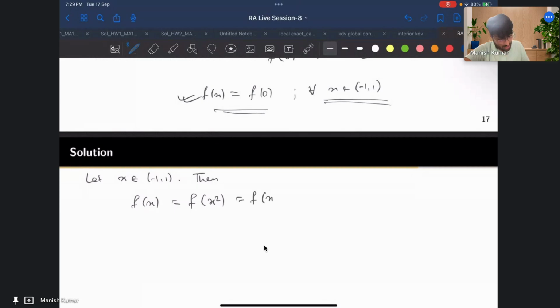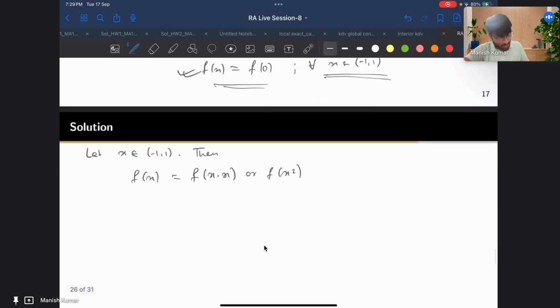So what does this mean? Let me write this: f of x is equal to f of x square. Now again you can apply the same rule here.